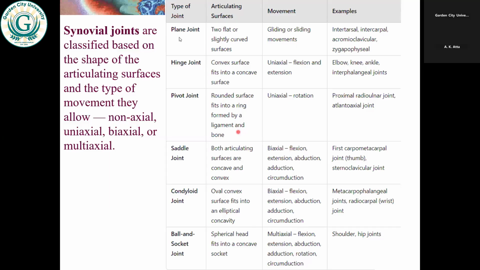Of course, if you look at individuals, the size of your carpal bones will definitely not be the same as mine. If you look at your femur, your tibia, the length and the strength of it will not be the same as mine.